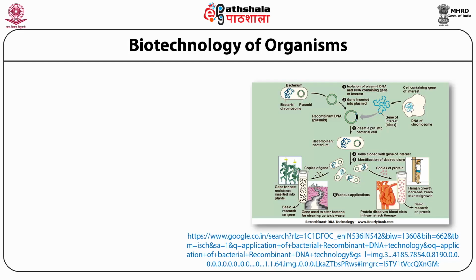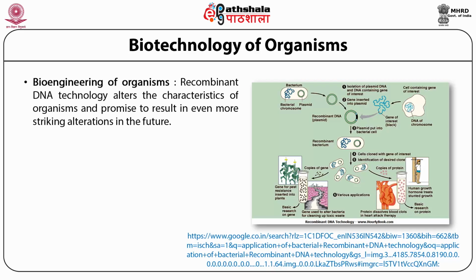These organisms generally produce an enhanced amount of product when bioengineered through different technologies with the aid of biotechnological application. In this process, bioengineering of organisms alters the characteristics of organisms and promises more efficient production or performance of their activity.